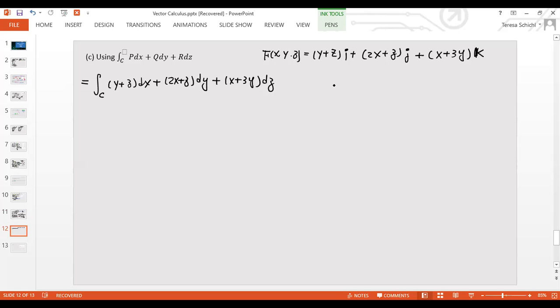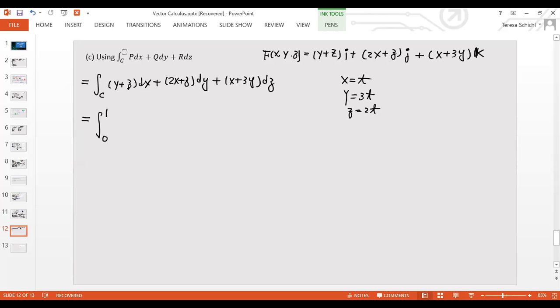Now x, y, z, just like we did before: x equals t, y equals 3t, z equals 2t. Let's see how we do the integration. I'm still changing to t's, and because it's a line segment, t is from 0 to 1. Let's take a look.